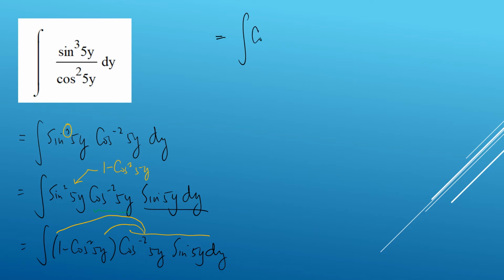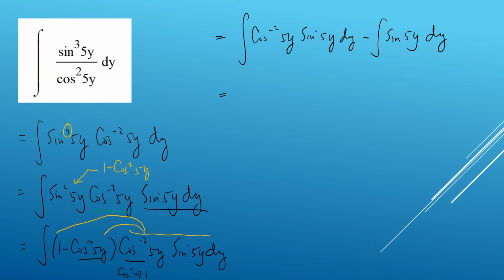So the first integral is cosine to the negative 2 5y sine of 5y dy, minus, what will happen to cosine squared times cosine to the negative 2? The product is cosine raised to 0, and we know that that is equal to 1. So times sine of 5y dy.